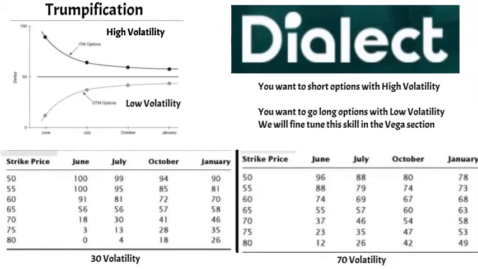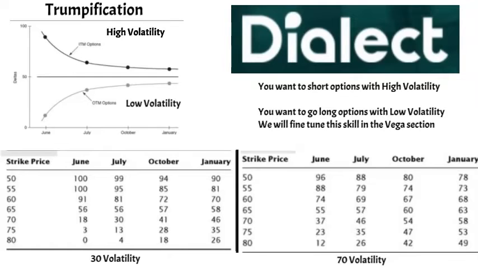Compare that with the call chart of a volatility of 70. So let's put them side by side and look at the range of the delta in June at 70 volatility, a high of 96 delta to a low of 12 delta.